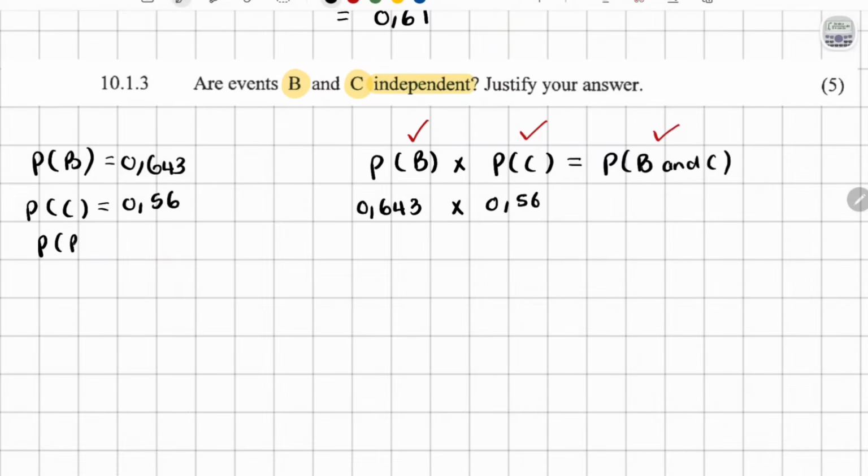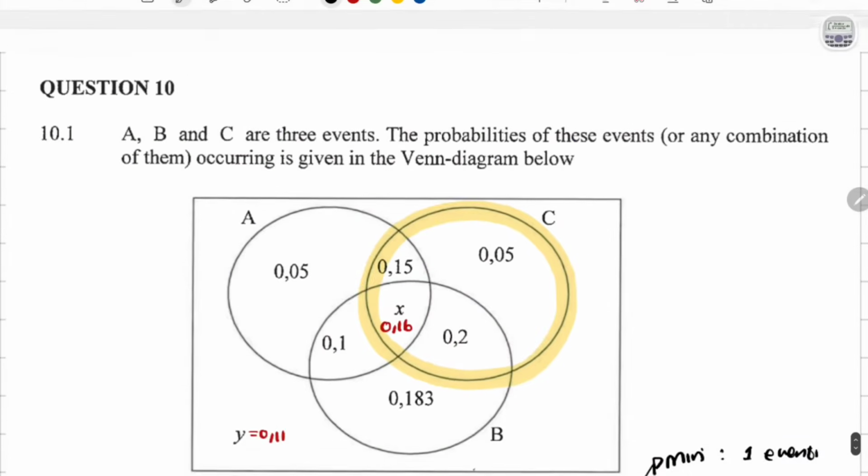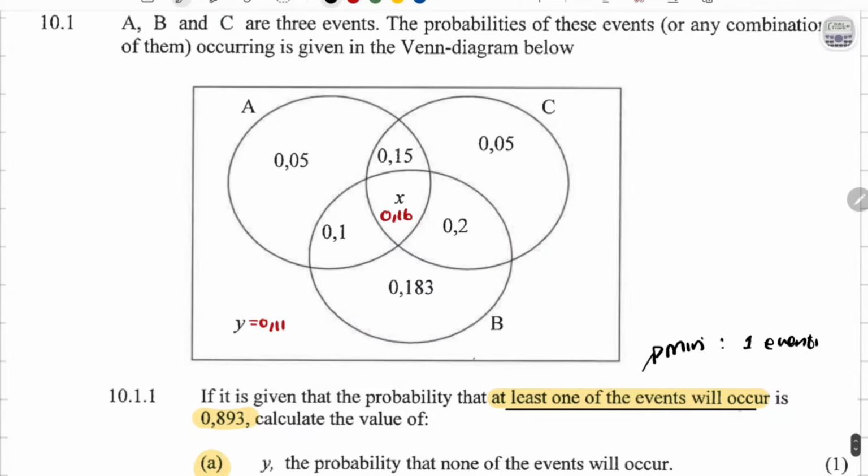So what is the probability of B and C? Okay, so probability of B and C, looking in your Venn diagram, that is the intersection of B and C. Now look at those two circles. Where do they intersect? They intersect all through here.